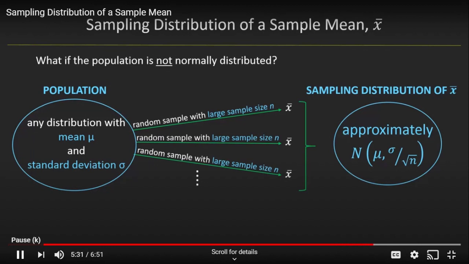As we saw in the distribution simulation, as my sample size increased, the sampling distribution came closer and closer to a normal distribution. How large does the sample size need to be? The general rule is that n must be greater than or equal to 30 in order for the sampling distribution of x bar to be well approximated by a normal curve, regardless of the population distribution.